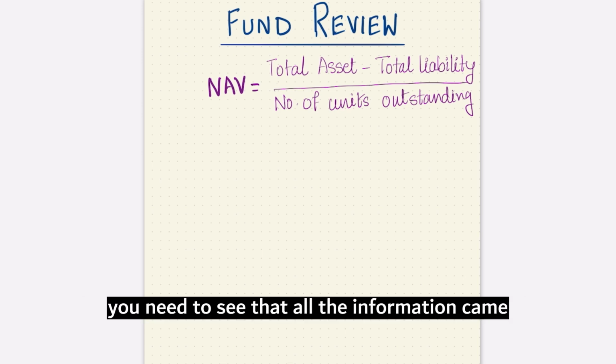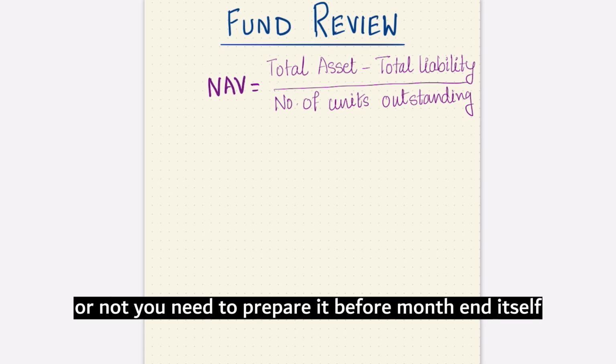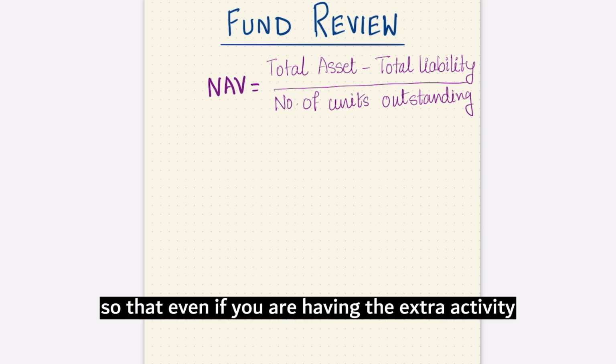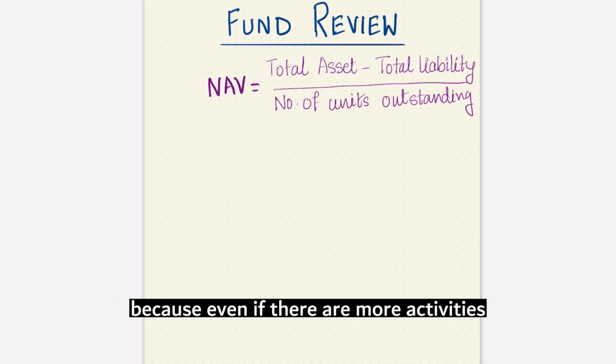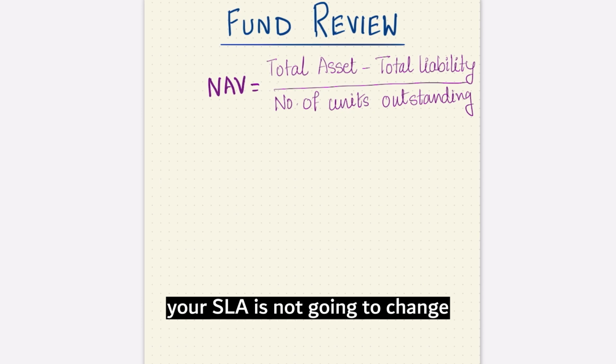You need to see that all the information came or not. Plan it accordingly so that even if you have extra activity, you will be able to deliver the fund on time, because even if there are more activities, your SLA is not going to change and your deadline will not change.